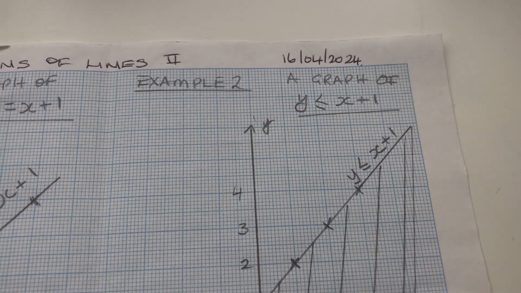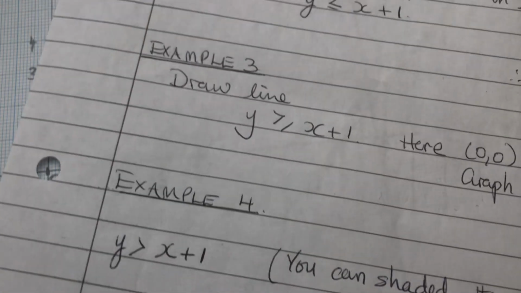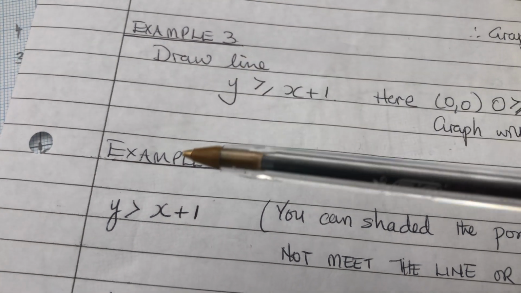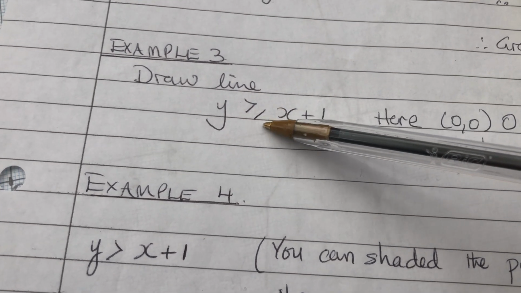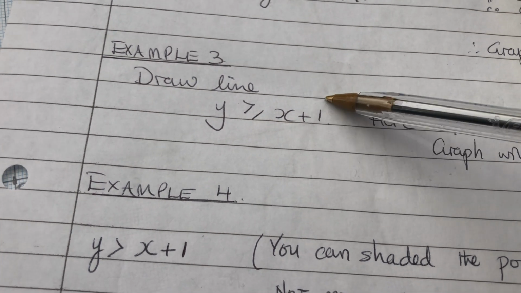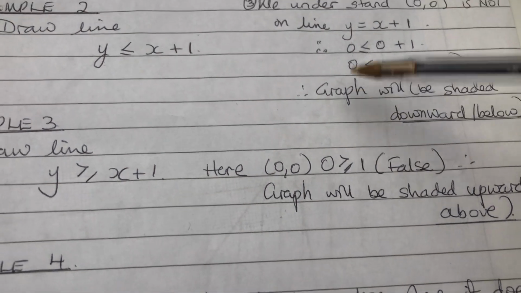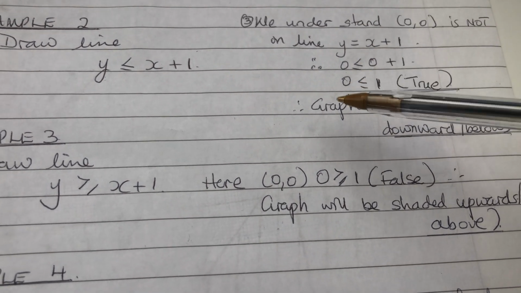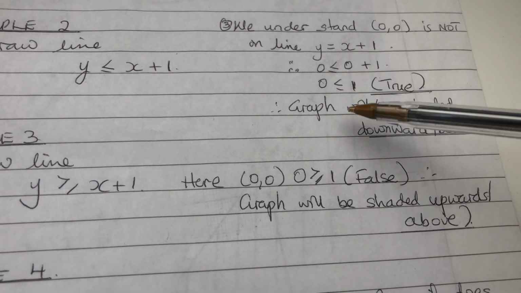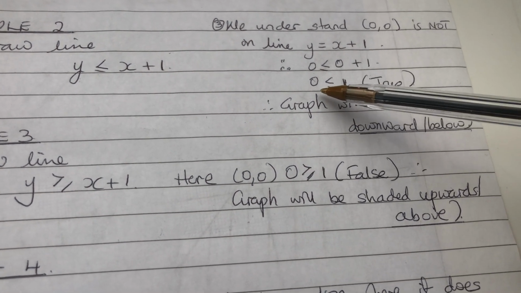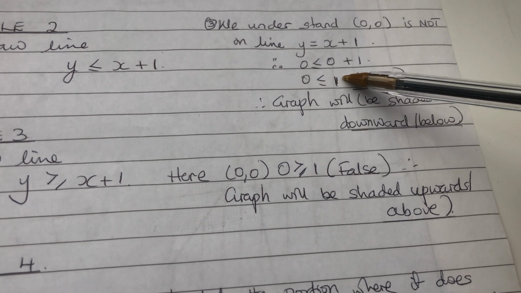Again, that will be my example 2, a graph of y less than or equal to x plus 1. Now, the third one, we want to see the same line, y is greater than or equal to x plus 1. So we went for the origin 0, 0, and we found out that if we put y equals 0, x is 0, we get 0 less than or equal to 1.